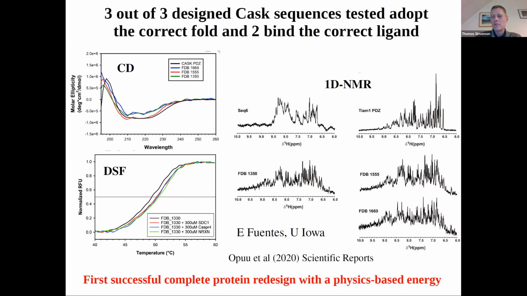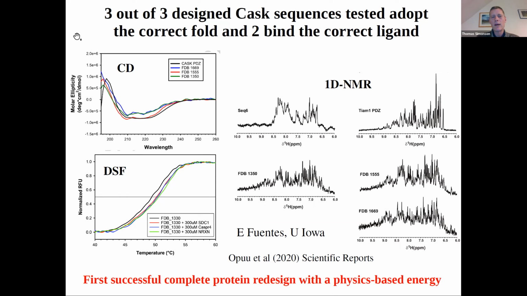Now, the number of redesigns here is definitely underwhelming, because nowadays people are doing these high throughput designs and experimental validation. They've got these robots going like crazy, and they're able to test hundreds or even thousands of redesigns with reasonable hit rates.